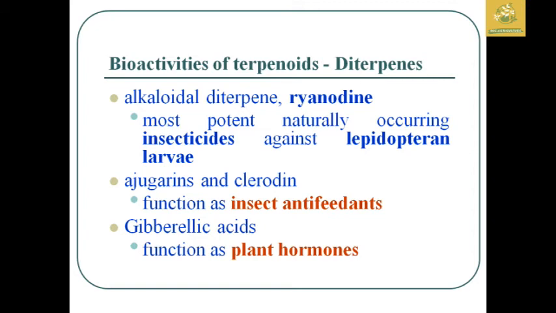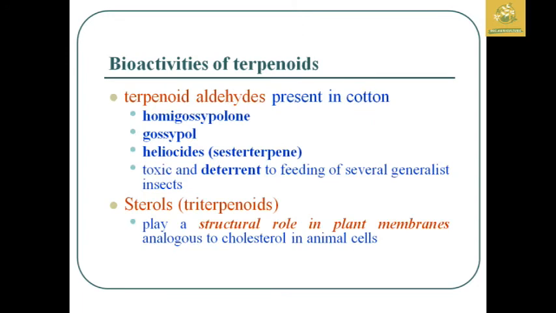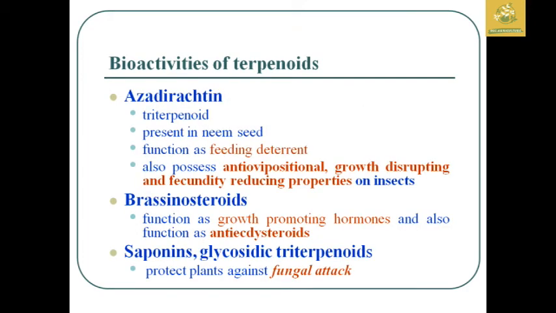After that, in terpenoids, we look at diterpenes, where the alkaloid diterpene ryanodine is the most potent naturally occurring insecticide, which acts against lepidopteran larvae in many plants, as well as angiogenins and pleurotin, which act as insect antifeedants, and gibberellic acid, which acts as a plant hormone for elongation, and the terpenoid aldehydes present in cotton, which form gossypol and heliocides, and are toxic and a deterrent of feeding to several generalist insects. So the sterols, which are triterpenoids, play a structural role in plant membranes, analogous to cholesterol in animals.